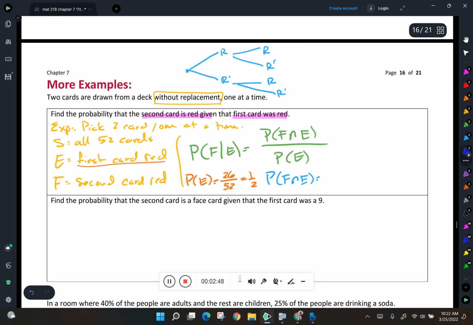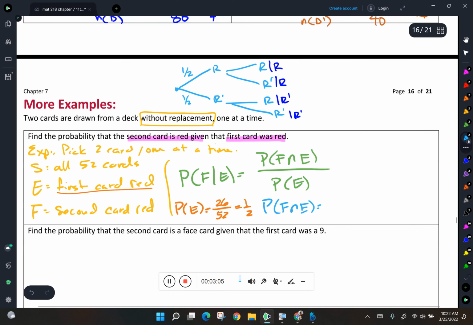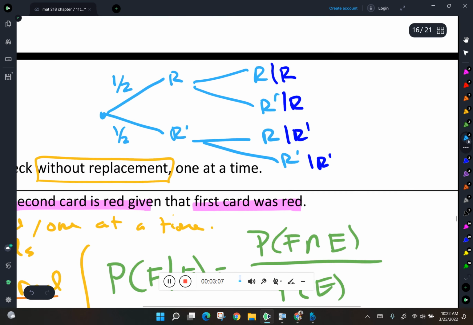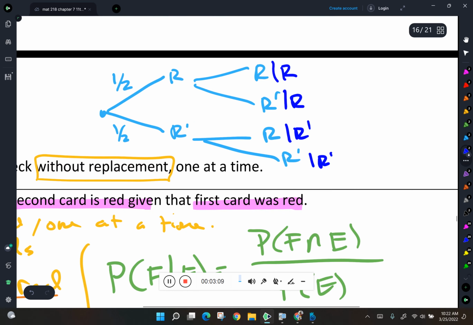But technically, these are actually conditional probabilities, because they are saying that the second branch depends on what the first branch was. And so if I know that this is 1/2, and then that it would also be 1/2, because the first card is red or not red is there. This branch right here is actually the branch that I'm trying to find.